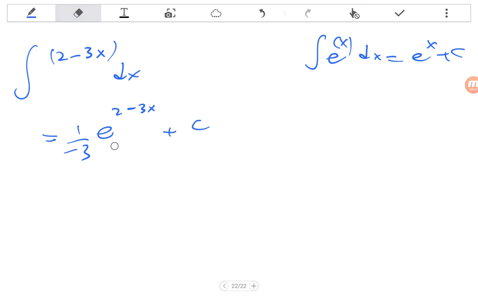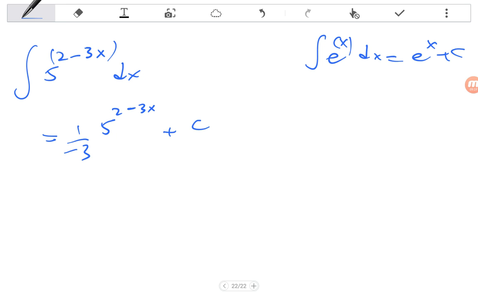If instead of e it was 5, for example, what will change here? It's 5 to the power of 2 minus 3x, divided by minus 3.